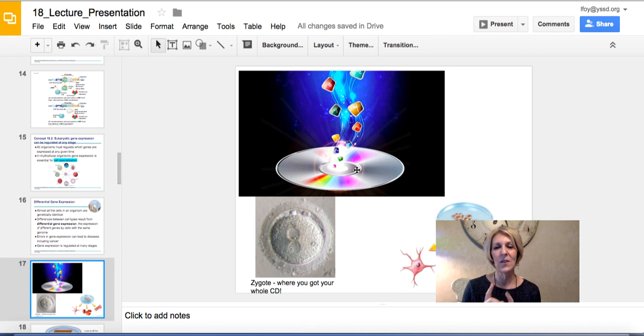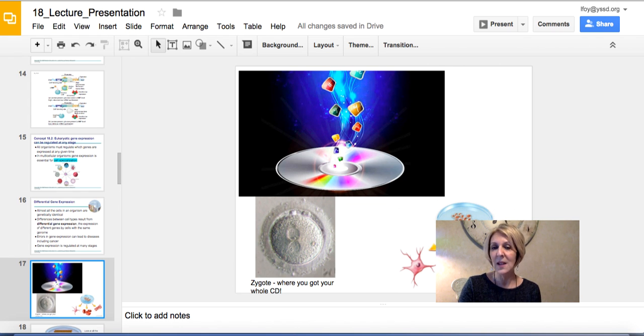But here's the difference. The cells begin to differentiate. They begin to only play certain tracks. A nerve cell, even though it has the whole CD of genes in its cell, only plays the tracks that have to do with being a neuron. So it's only going to turn on the genes for proteins that a neuron needs.